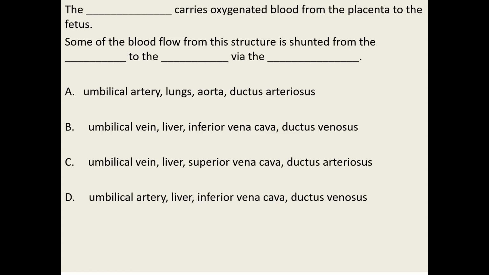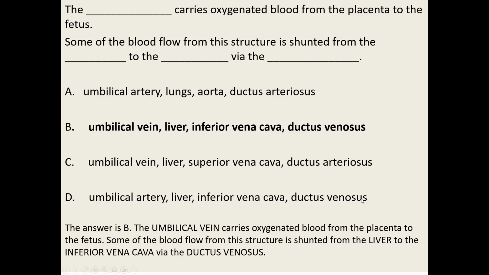So that's B here. The umbilical vein carries the oxygenated blood from the placenta to the fetus. Some of the blood flow from this structure is then shunted from the liver to the inferior vena cava by the ductus venosus.